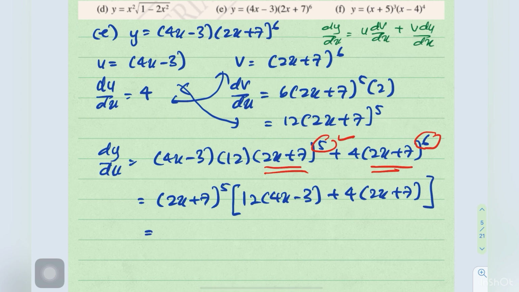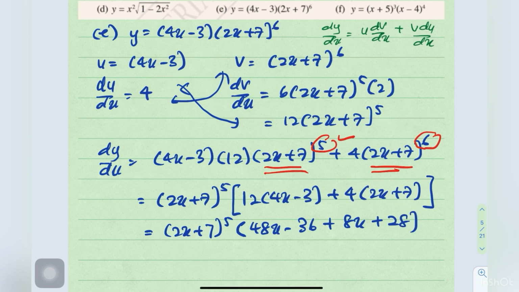So we simplify: (2x plus 7) to the power of 5, this one 48x minus 36 plus 8x plus 28, so then (2x plus 7) to the power of 5, 56x minus 8.